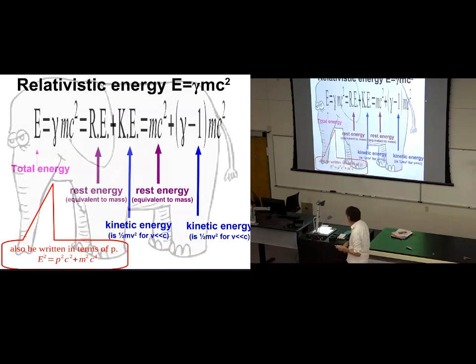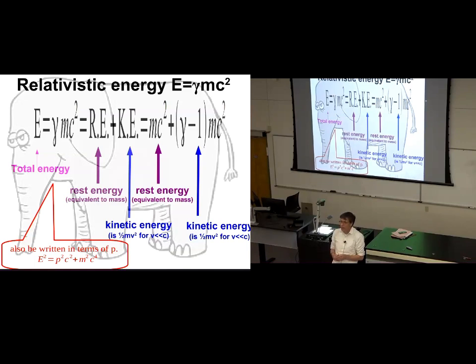Just a few general remarks about it. So this rest energy is the famous E equals mc squared. Everything has rest energy, just sitting there, not moving. I have rest energy, the Earth has rest energy, an atom or a molecule or an electron and a proton. Well, they all have rest energies that are equal to their masses times c squared.